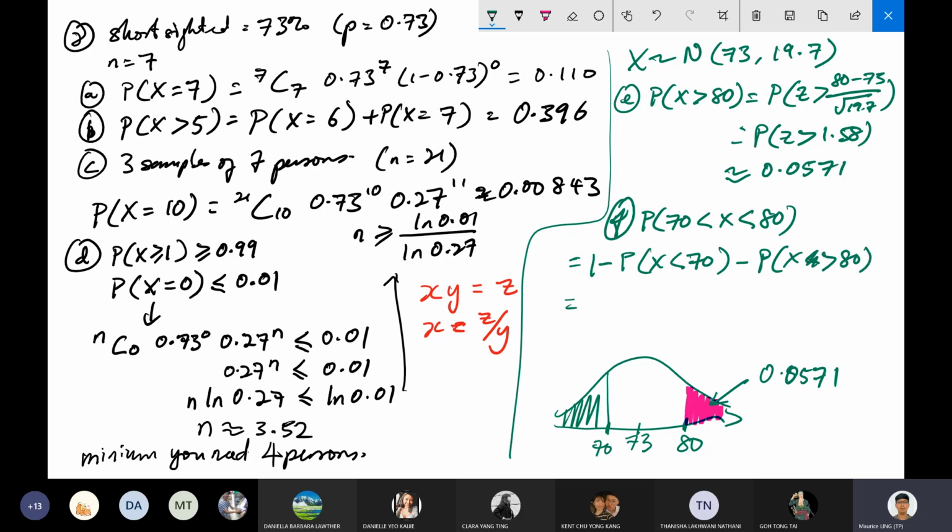So you end up with approximately 0.6946. So you convert both into a Z value, but because this you already know, this is actually this value, so you convert this yourself.